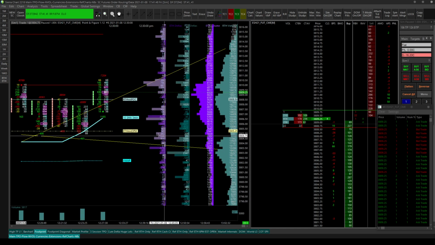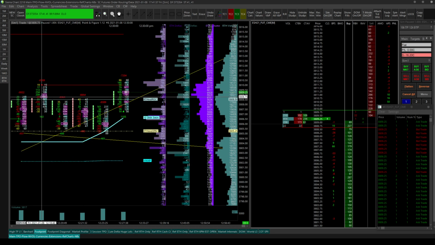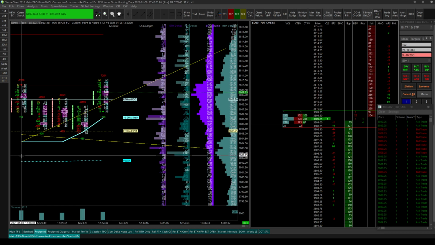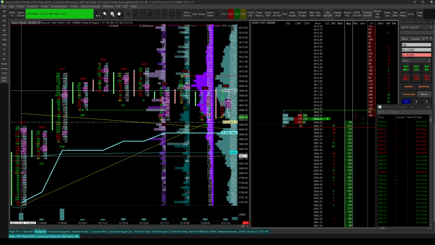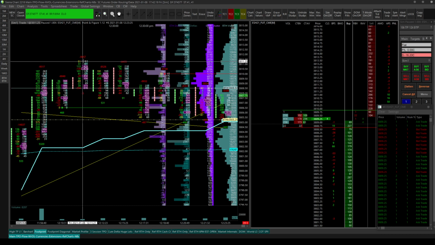And so you can also think of the buying as, yes, it's initiative, yes, it's an auction, but it's also sellers willing to step in and passively absorb buyers, right? So let's say today, for whatever reason, this was the top. We came up, aggressive selling, and then there wasn't much interest to buy, and then it came back down, right?